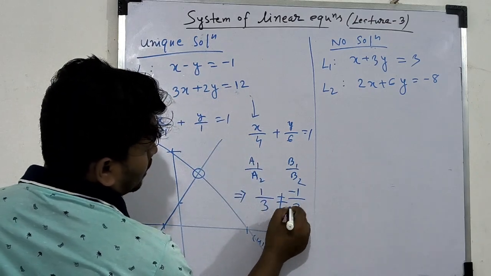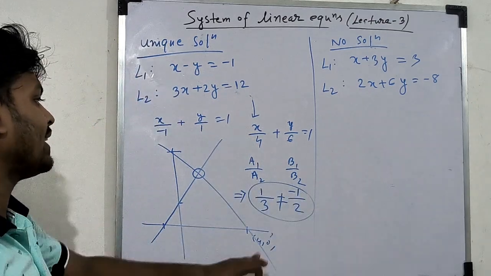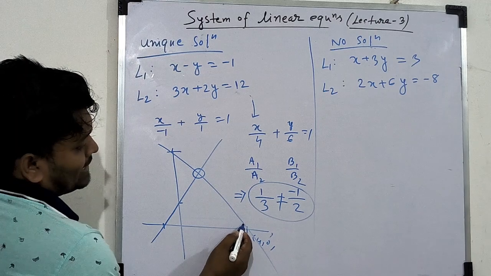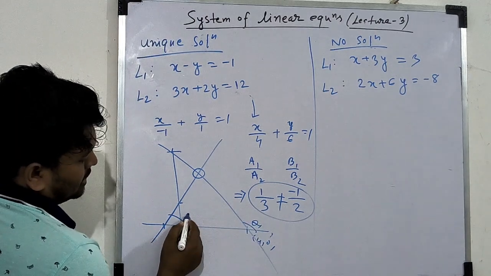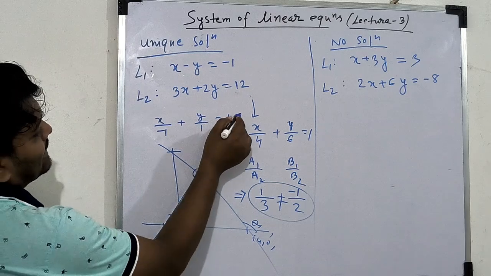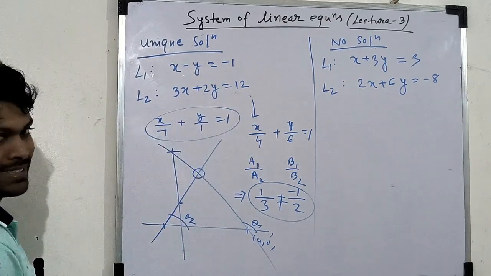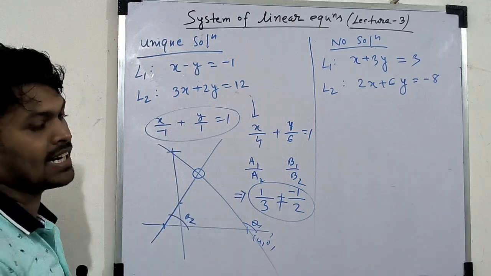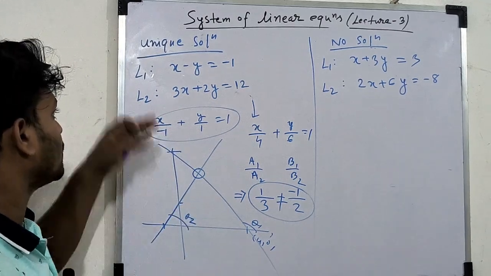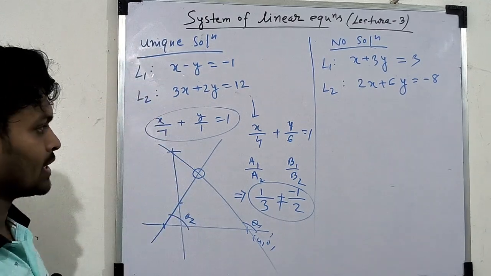So these are not equal, and from this also you can find that these two lines have different slopes. This is theta 1, this is theta 2. If you put the equation in this form, you can draw the line easily, and from that picture you can find the nature of the solution. So in this case the solution will be unique.